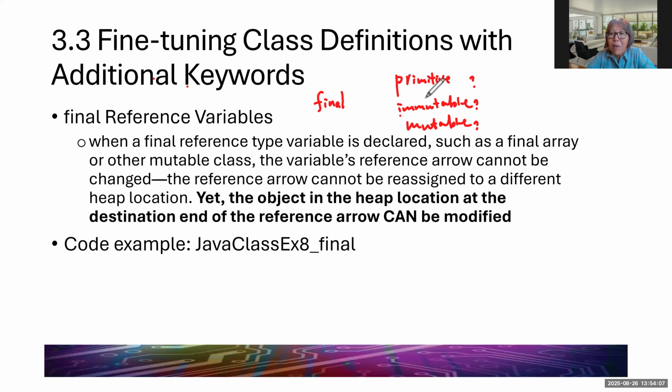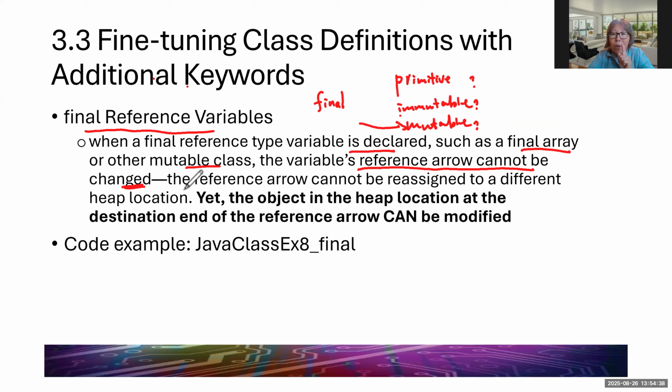Will all be the same, with definitely no modification, or is there some difference? Here it says final reference. Reference means the mutable ones. Whenever it is declared, for example an array or mutable class, then the reference arrow cannot be changed. So keep that in mind.